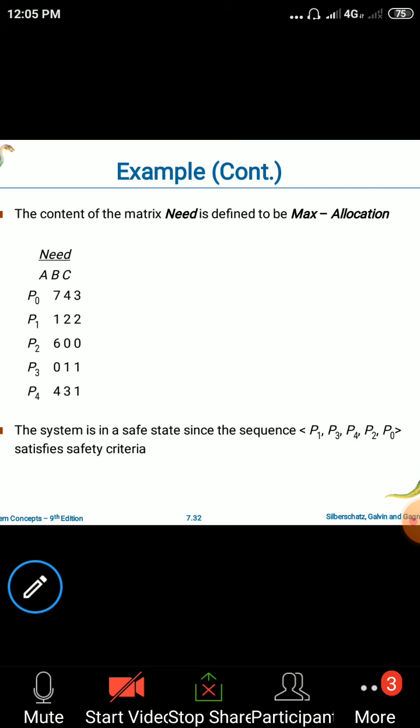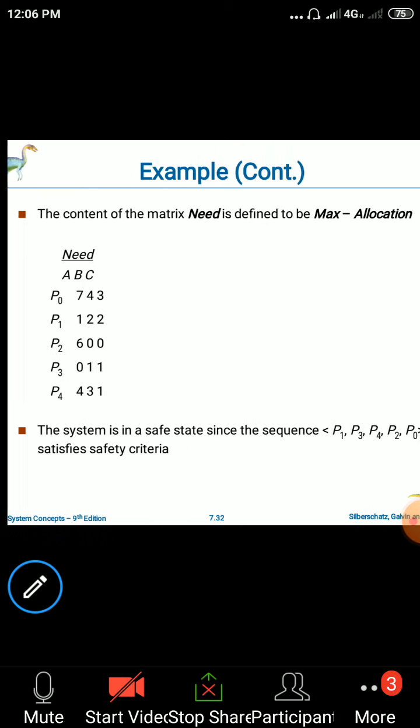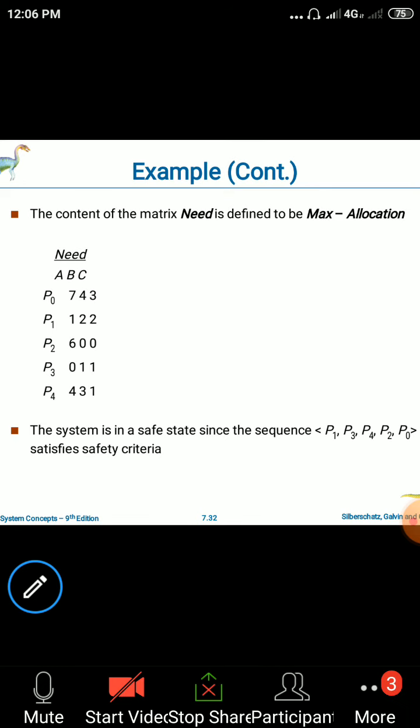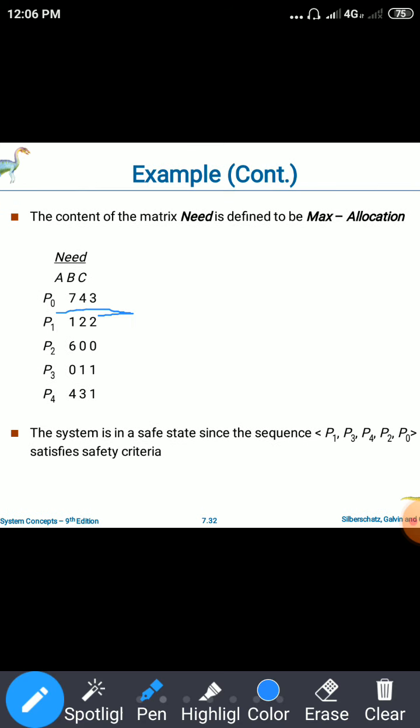So for P0, the maximum requirement is 753, and out of 753, 010 is allocated.